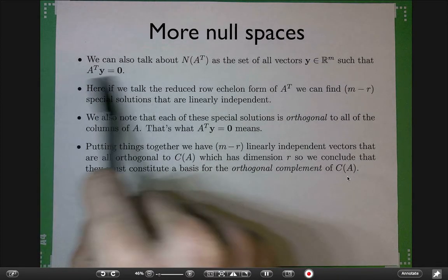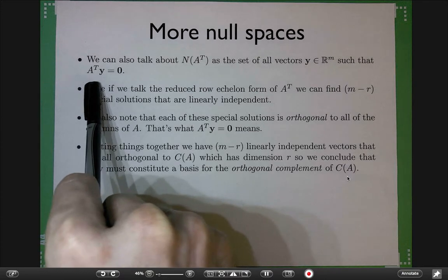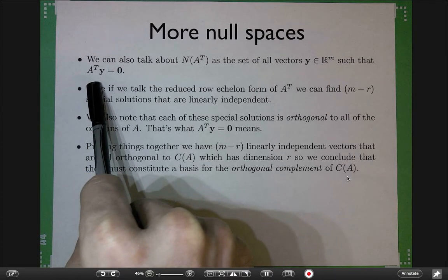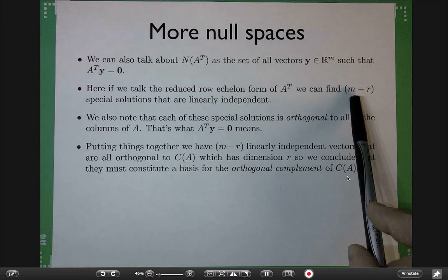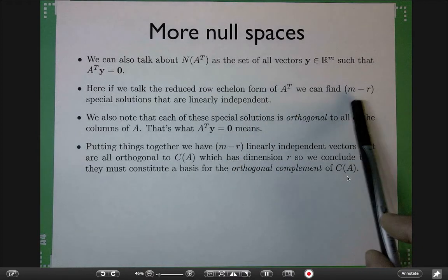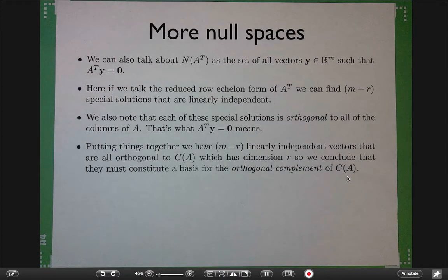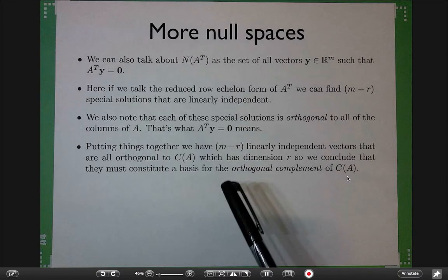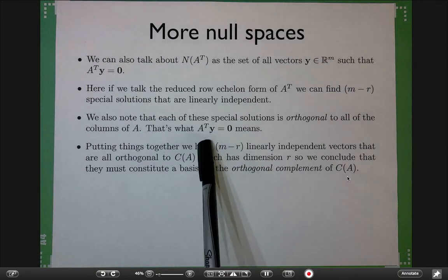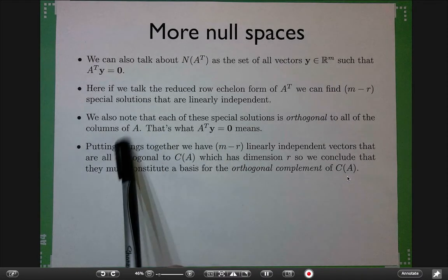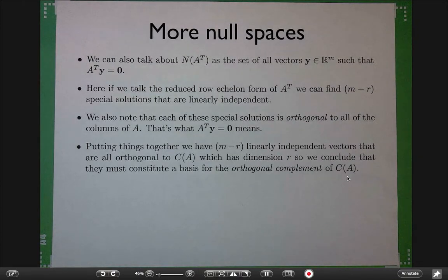The only difference is that we are now considering the transposed matrix, right? So instead of n that was there for A, we get m here because A^T has m columns. So we get m minus r special solutions, linearly independent vectors. And again, they are orthogonal to the columns of A. So this is really just like looking at the same thing transposed, from the other way.